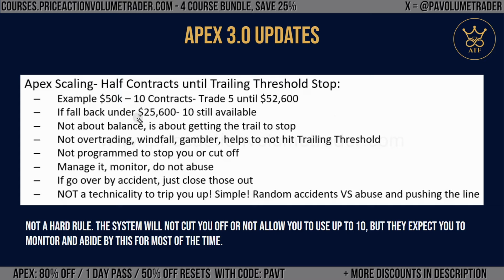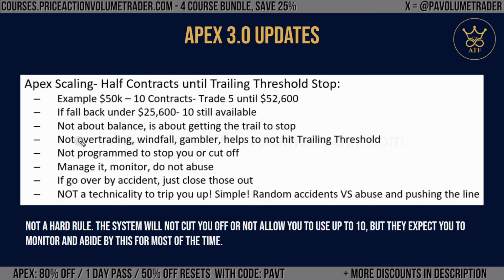And if you do fall back inside of your buffer, you can still trade 10 contracts as your account allows. It's not about balance, it's about getting the trailing drawdown to your threshold where it's not going to stop trailing.